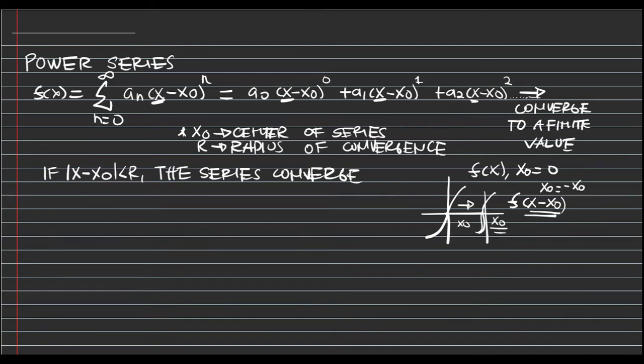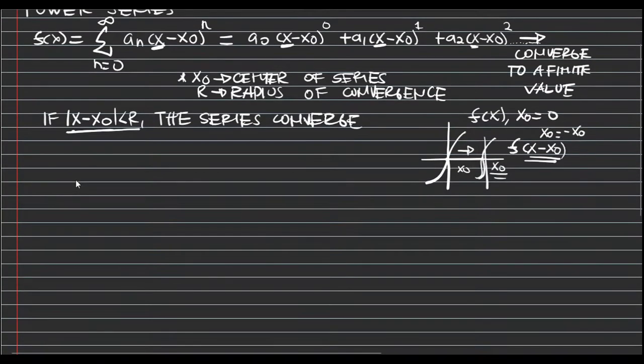Okay, so balik tayo dito sa condition. So, sabi, if absolute value of x minus x sub 0 is less than r, the series will converge. So, I think mahirap tandaan or mahirap i-interpret itong absolute inequality equation ito. So, ang gawin ko, tanggalin ko yung absolute value para mas maintindihan natin. Two possibilities yung pwedeng mangyari.